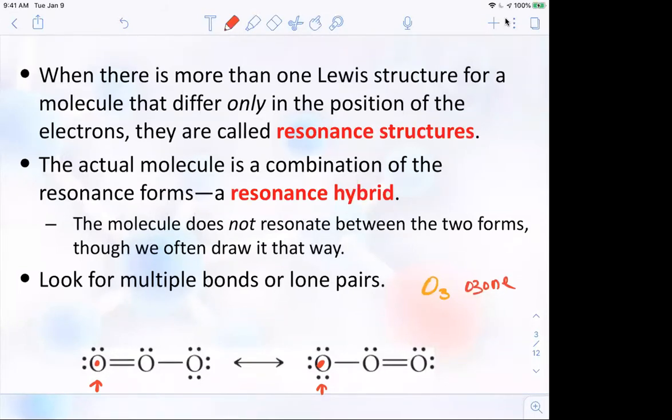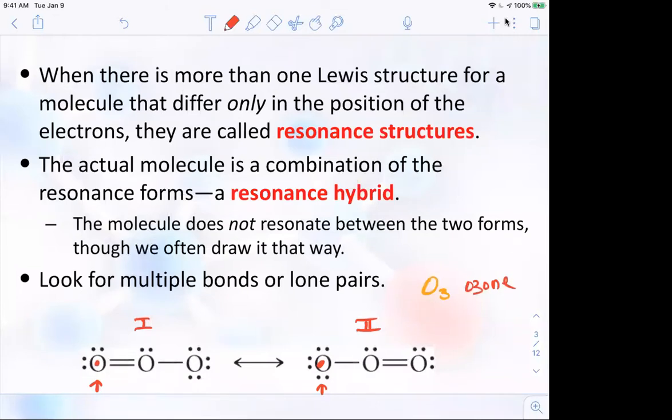So those oxygens have a different bonding array. But if you notice between resonance structure 1 and resonance structure 2, the connectivity of the atoms is the same. The only thing that's different is the positioning of the electrons. And I can go from one to the other if I rearrange my electrons using an arrow.